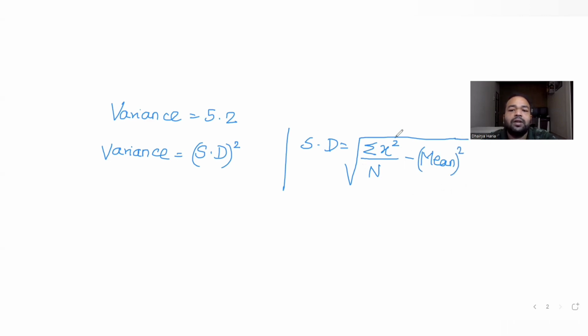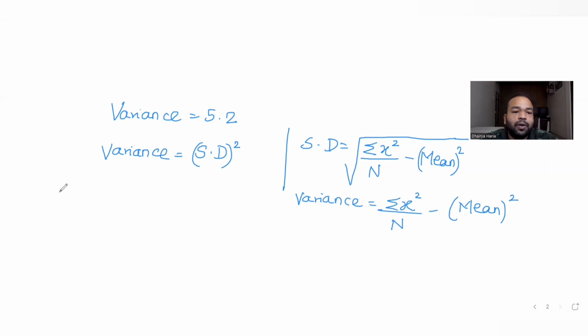This is our standard deviation. Variance is the square of the entire thing, so the square and the square root cancel out, and we are left with the sum of the squares of observations divided by the number of observations, minus the mean square. This is our variance.